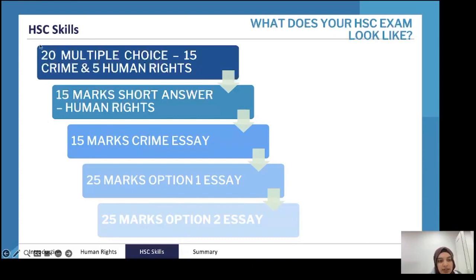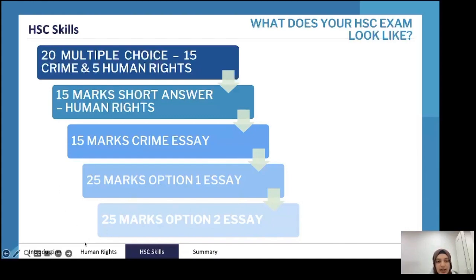The 20 multiple choice, the 15 marks of short answer, and the 15 marks of the crime essay are all core. Every student will do these, and then with options, you're choosing from the two options for each topic. Whichever topic you've covered in class, you would write an essay for. These are 25 marks each.